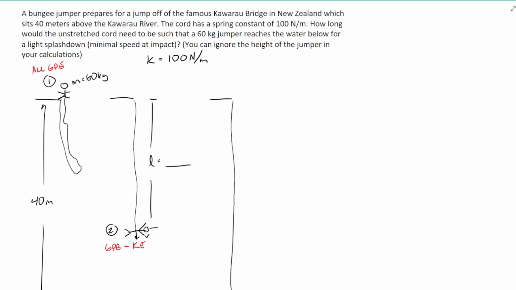And if he's at minimal speed, let's set the velocity at position 3, V3, equal to 0 meters per second. Well, what kind of energy do we have at position 3? They're now at the water at a height of 0. There's no GPE. They have no velocity, so no KE, but they're certainly stretching that bungee cord, right? So at this point, we have elastic potential energy.